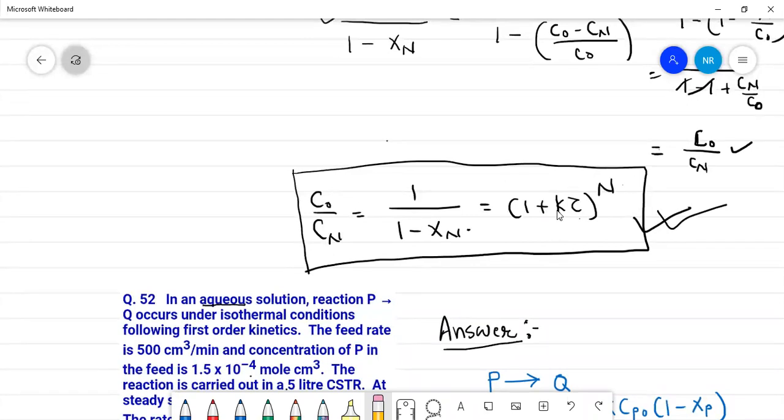This equation: C0 divided by Cn is equal to 1 divided by 1 minus xn, is equal to 1 plus k tau raised to n, where n represents the number of CSTR, k represents the rate constant, tau represents space time, xn means conversion after the nth reactor, C0 is the initial concentration, and Cn is the concentration after the nth reactor. Now we go further. We'll do something in this equation, and I would like to give a very good fundamental concept behind this. So let me go further.